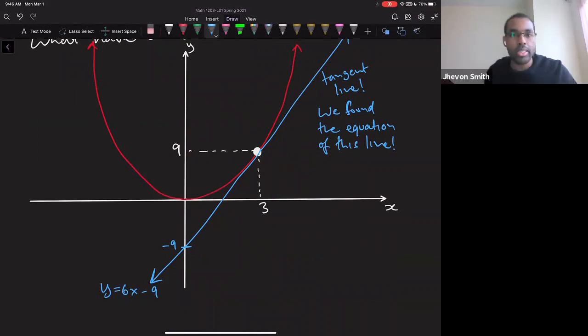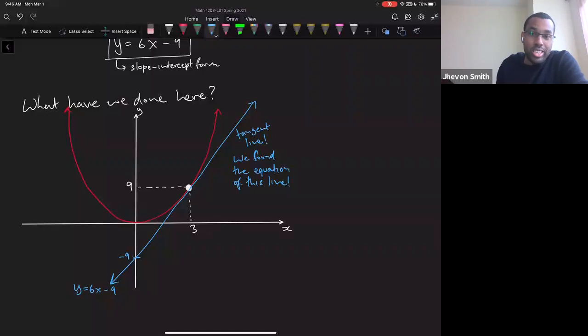So it has slope 6, y-intercept minus 9, and that is the tangent line for this equation. We found the equation of this tangent line. Now, why do we care about the tangent line? Well, the slope of the tangent line tells us how fast, if I were to imagine that this red curve was measuring distance over time of some object, the object was moving.